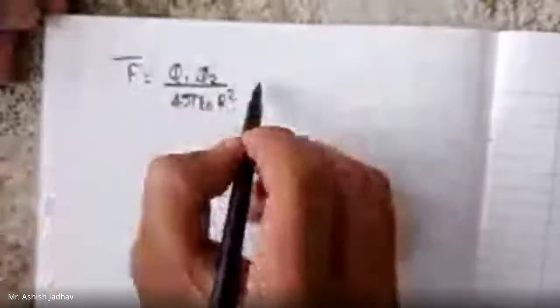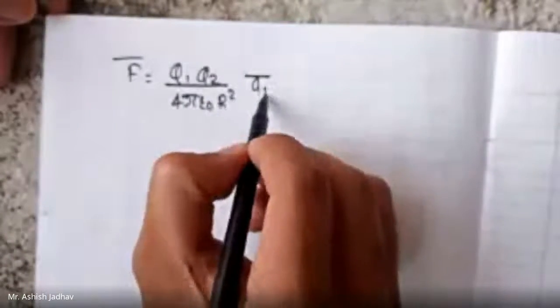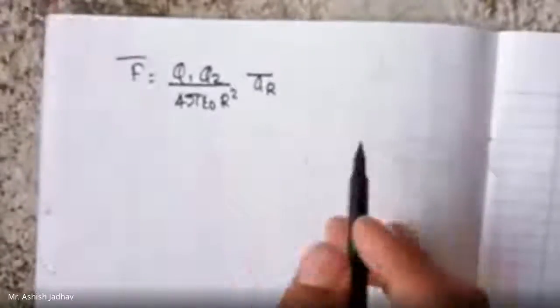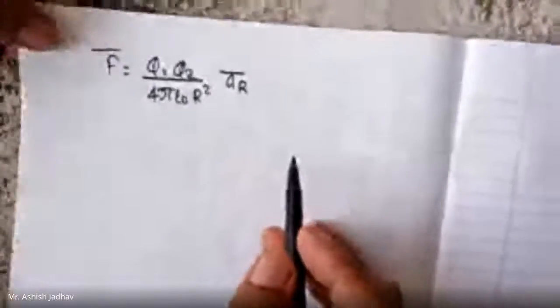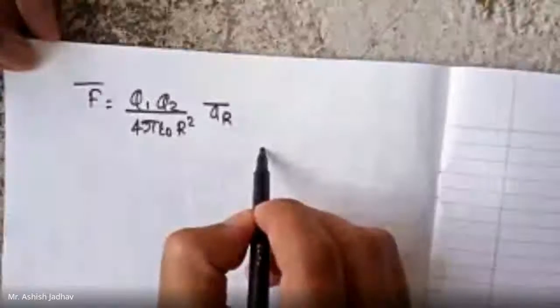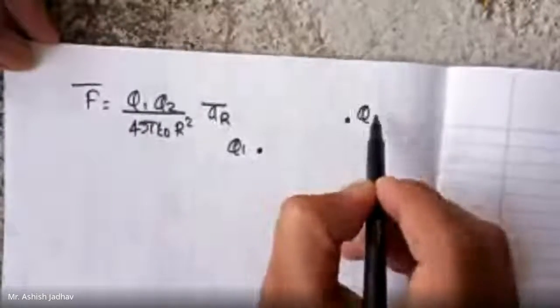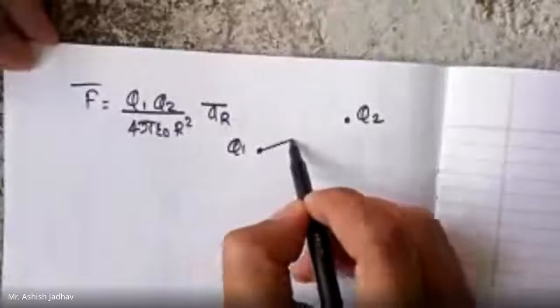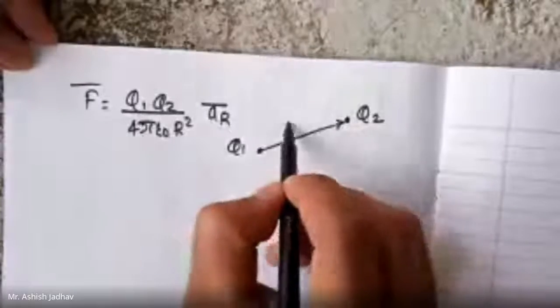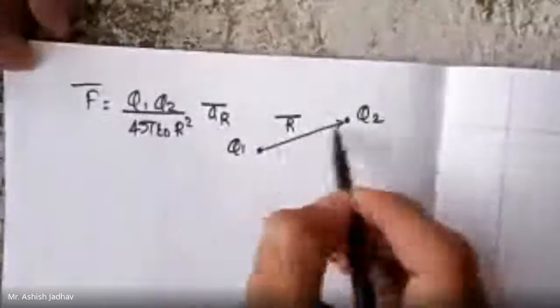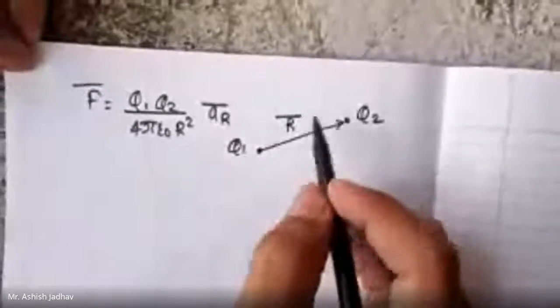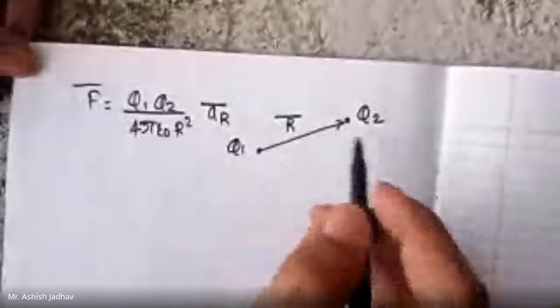So if it is F bar, then it is going to be a bar R. If we are having 2 point charges Q1 and Q2, then we can find the force between those two charges by understanding this as R as a vector.